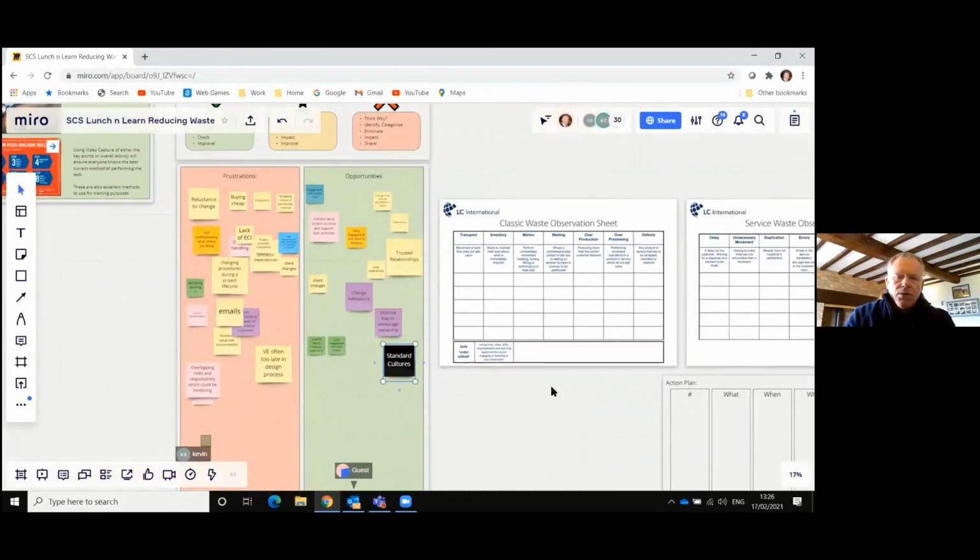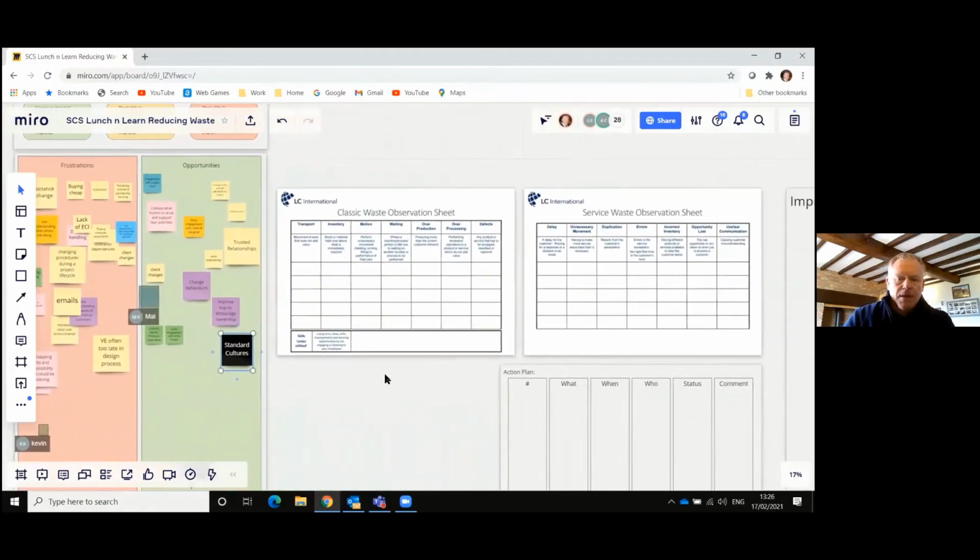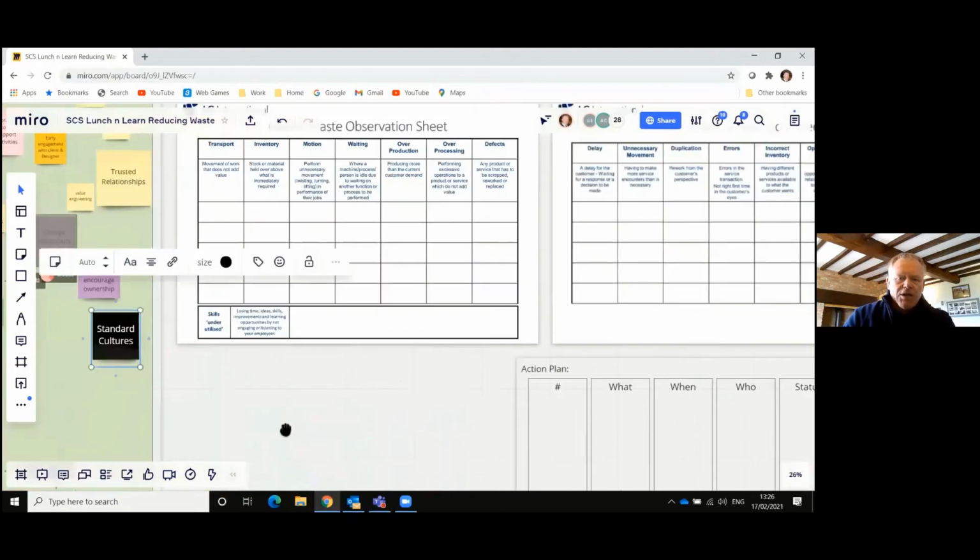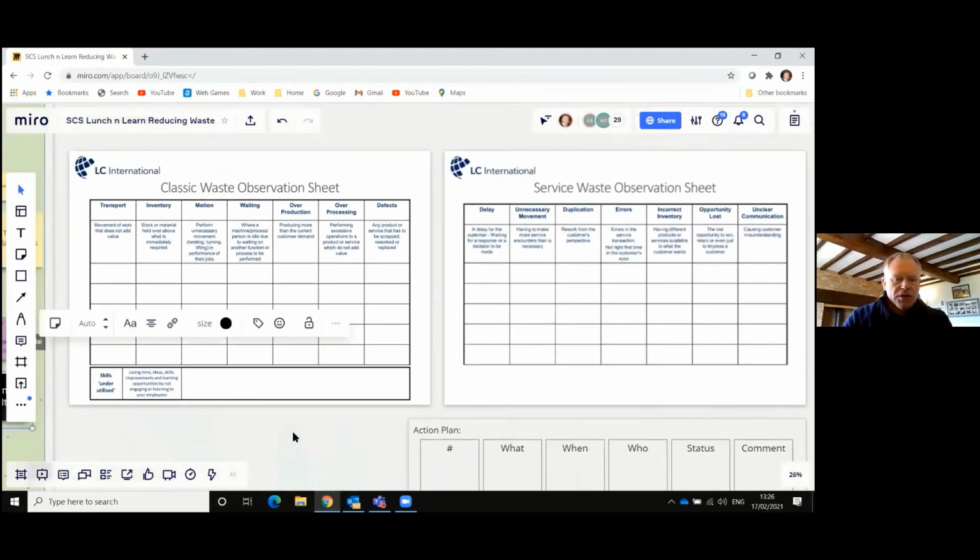So we talked about frustrations and opportunities, and we looked at categorization of waste. And I keep mentioning around the go, look and see. So go to the site to see, to deeply understand. So we should use these methods of observation to identify where those wastes are.